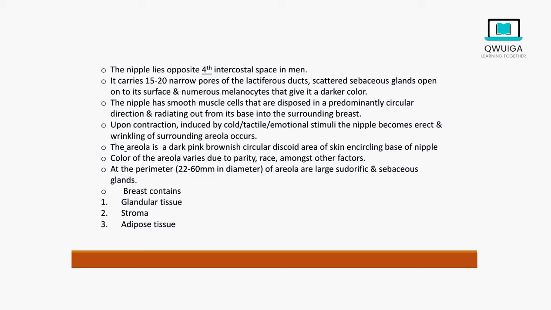The nipple has smooth muscle cells that are disposed in a predominantly circular direction, radiating out from its base into the surrounding breast. Upon contraction induced by cold, tactile stimuli, or emotional stimuli, the nipples become erect and wrinkling of the areola occurs. Why does this occur?